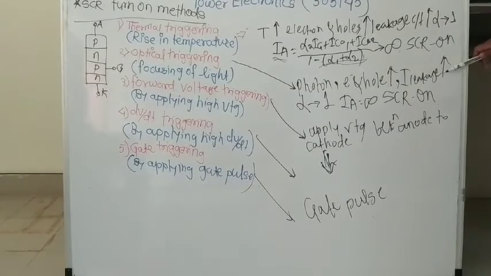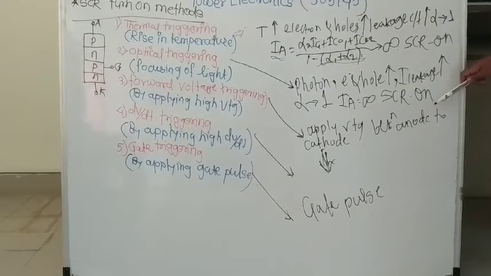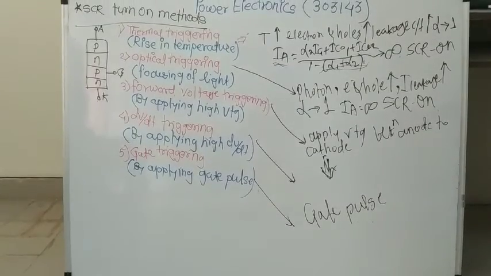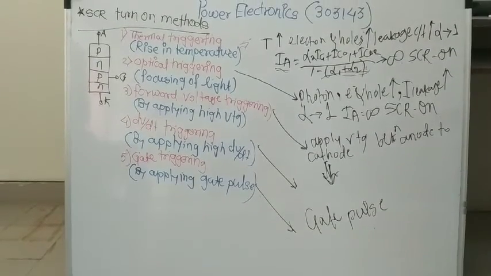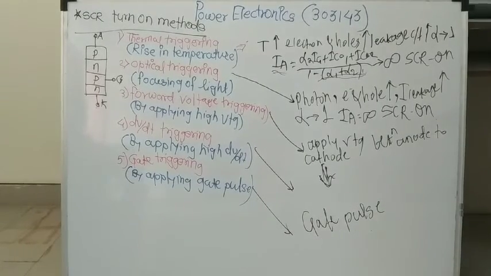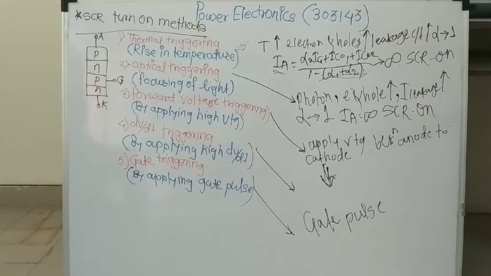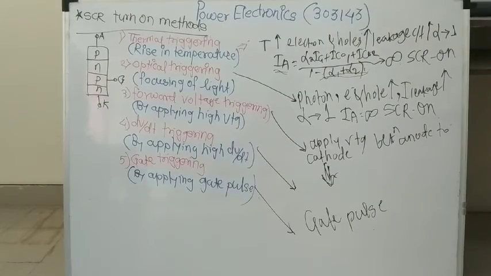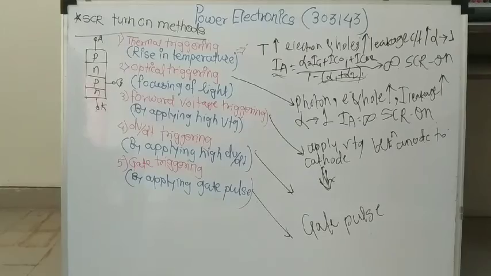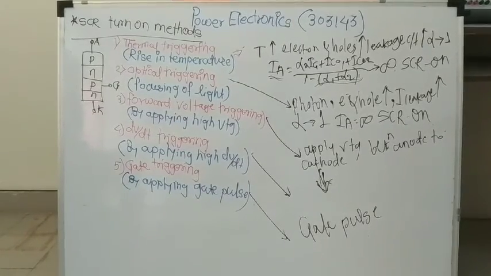It is also not practically used because the high voltage damages your SCR. Then dV by dt triggering is never used, because the SCR may accidentally get turned on and damage your device. And the last one is gate triggering, which is widely used and the simplest method in industrial as well as commercial applications. These are today's points, the turn-on methods of the SCR. In the next point we will see the triggering methods of the SCR.